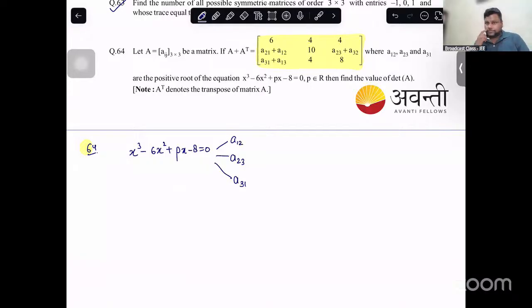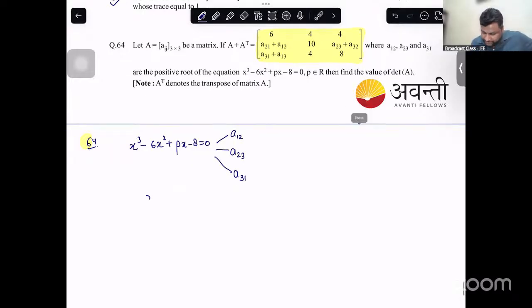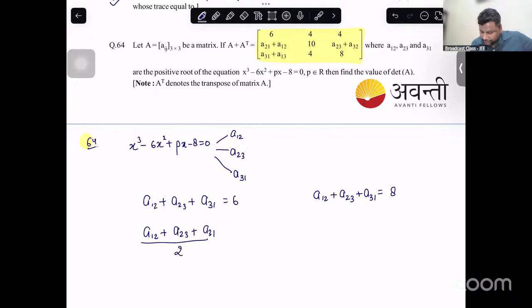Yes or no? If I ask you to find the sum of roots A12 plus A23 plus A31, it is 6. If I ask you to find the product of roots, this is going to be 8.